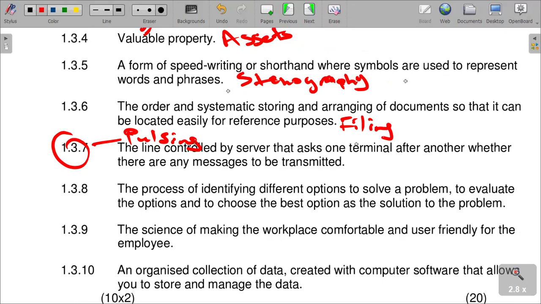Pausing is actually a line controlled by the server that asks one terminal after another whether there are messages to be transmitted. So messages must be moved, messages must be sent. It's a line controlled by the server, which we said is the main box, the main communication tower that actually asks one terminal after another whether there are messages to be transmitted.